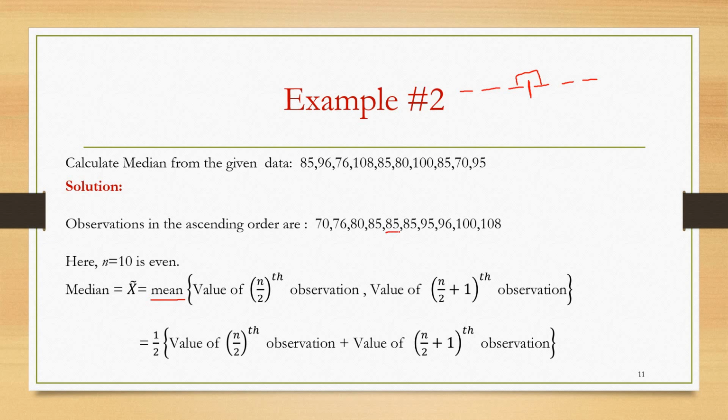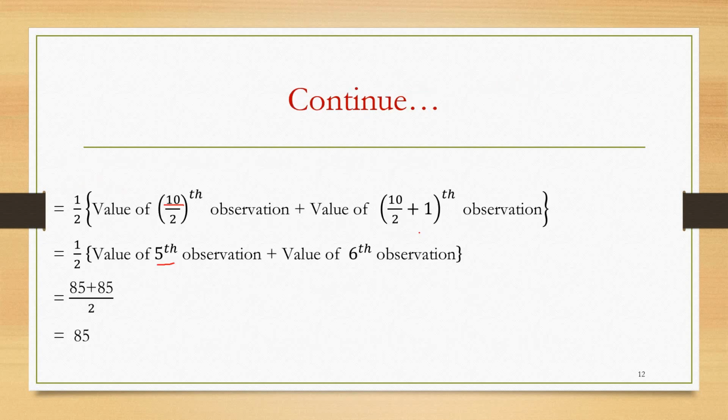On the 5th place, we have 85. On the 6th place, we also have 85. So what we will do: 85 plus 85 divided by 2 is equal to 85. This is the median for the given data set.